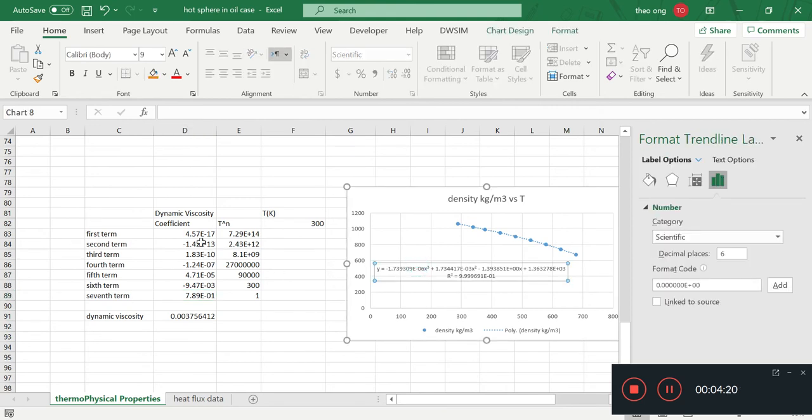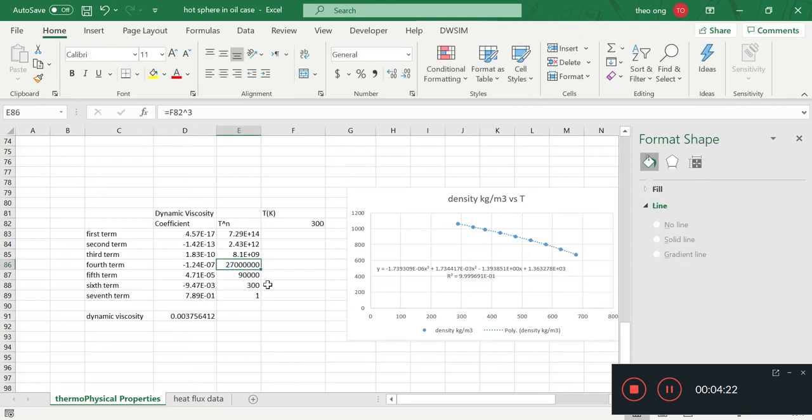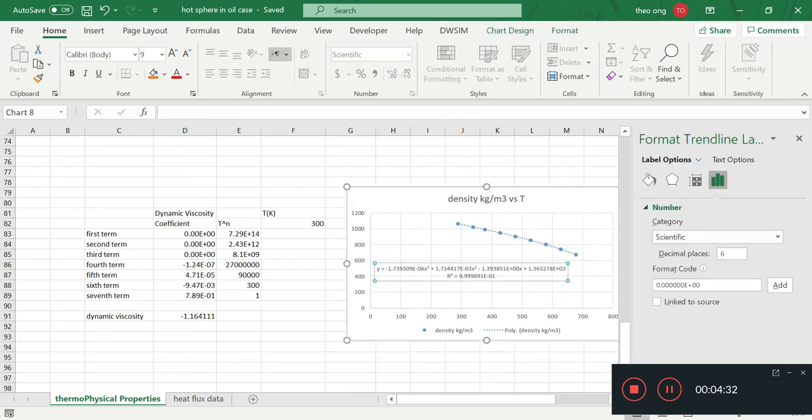So for the first 3 terms I'll just put 0, 0 and 0. Okay, density here.